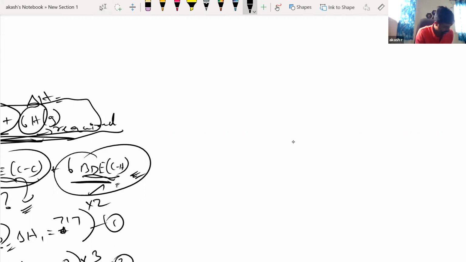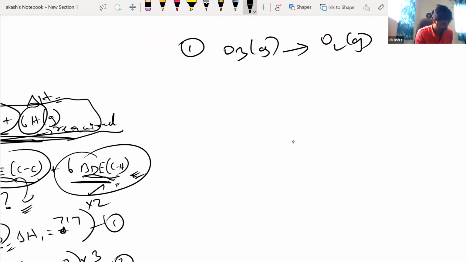Okay, so this is given to you. The first question is, they have given this reaction, O3 gas giving O2 gas plus oxygen atom gas.